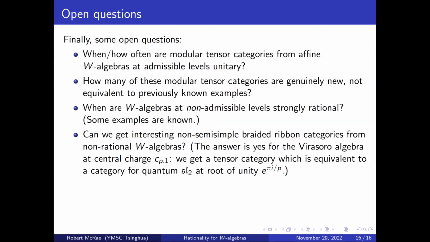It turns out we actually get a tensor category which was recently proved to be equivalent to the category for quantum SL2 at a root of unity. This is a recent result by Terry Gannon and Chris Negron. We would expect many other examples like this with higher rank W-algebras as well. Okay, so that's all of my talk.